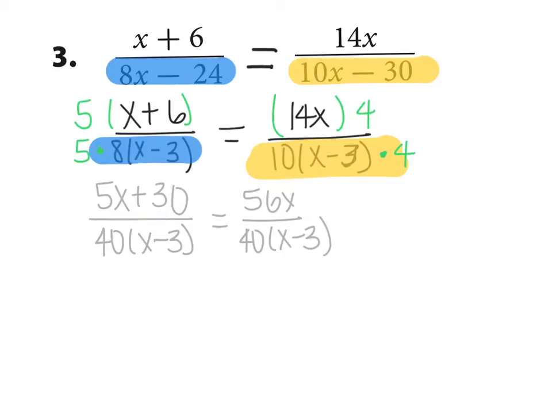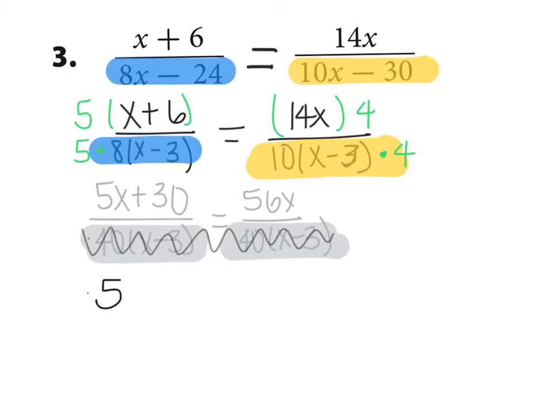I'd like for you to notice that our denominators here are identical. If my denominators are identical, then I can actually completely ignore them and focus on my numerators, which is 5x plus 30 equals 56x.